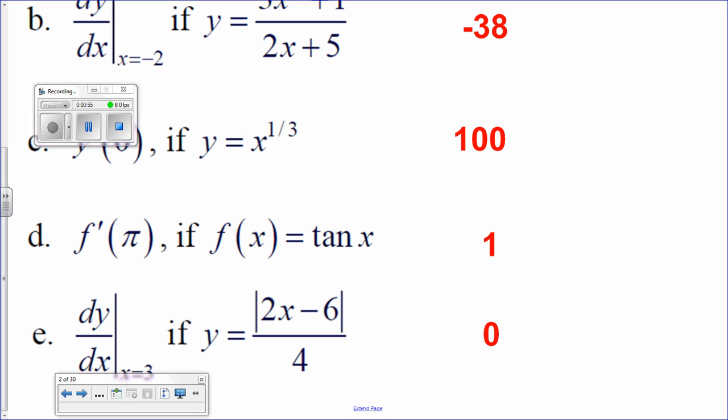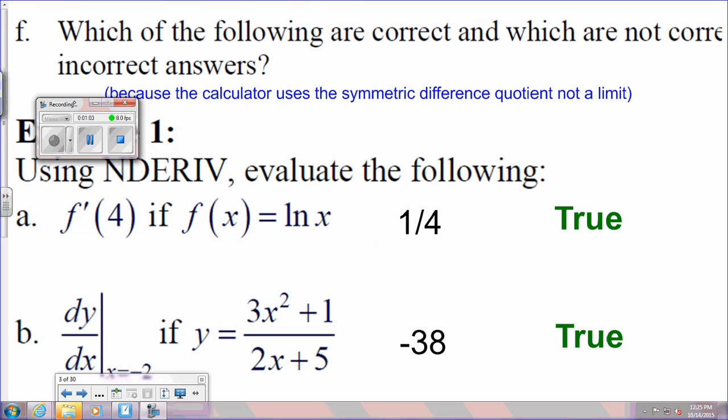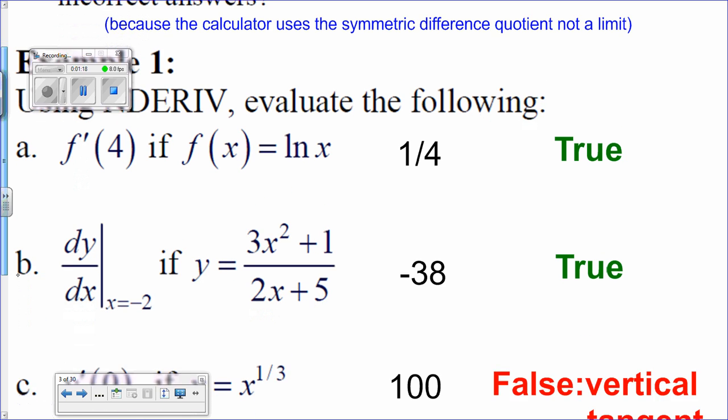Now, not all of these answers are right, so we were supposed to go through and look at the graph at that x value. As long as the function was continuous at that x value, with no corners, cusps, or vertical tangents, you can believe the calculator. So, A was fine, that's true.